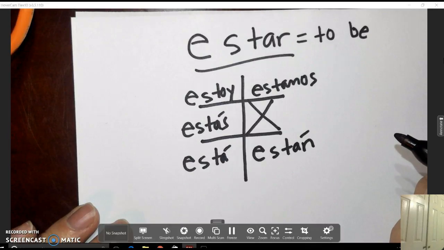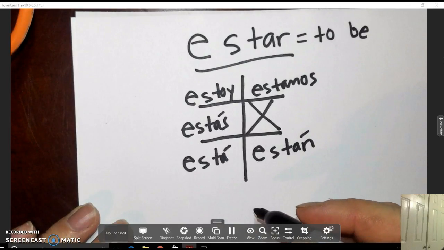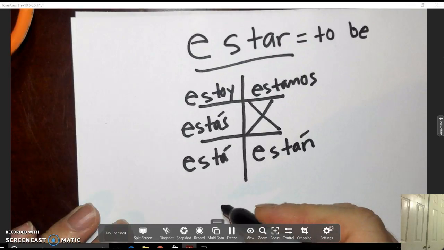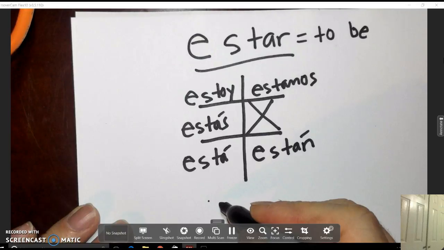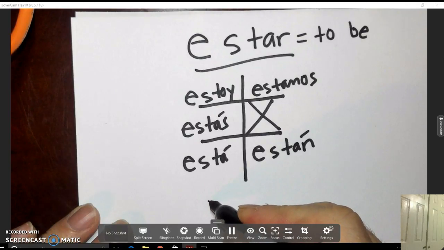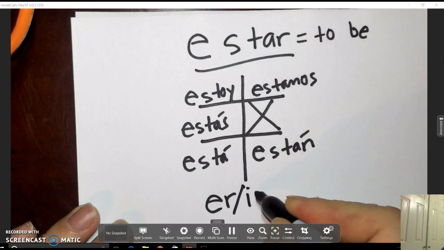So first thing is first, let's figure out how to do ing in Spanish. Let's make a note real quick. ER and IR verbs.